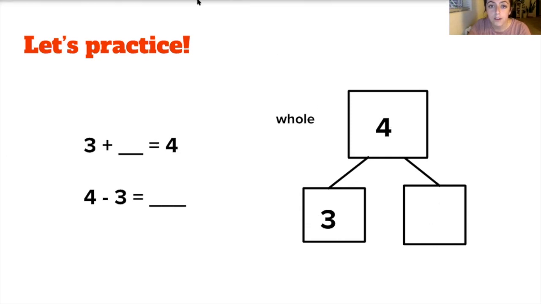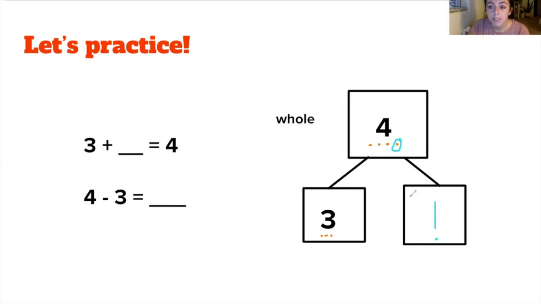So if I take my counters and I have 4 here, and then I draw 3 for my other part, and I look at the difference, I see that there is 1 left over from the 3. So that must mean that my other part is 1. So let's check our work.